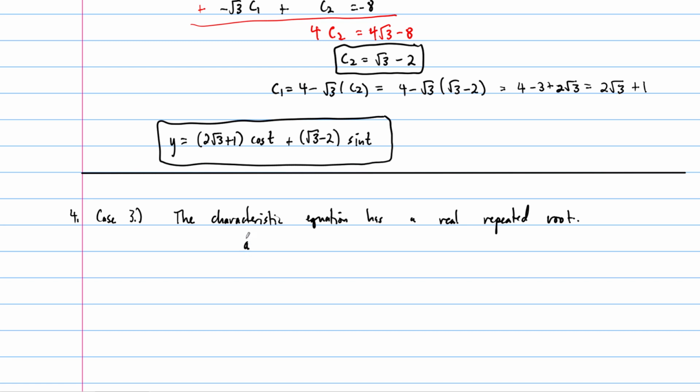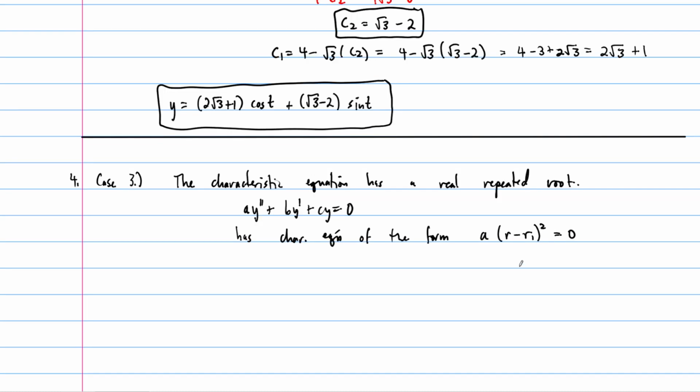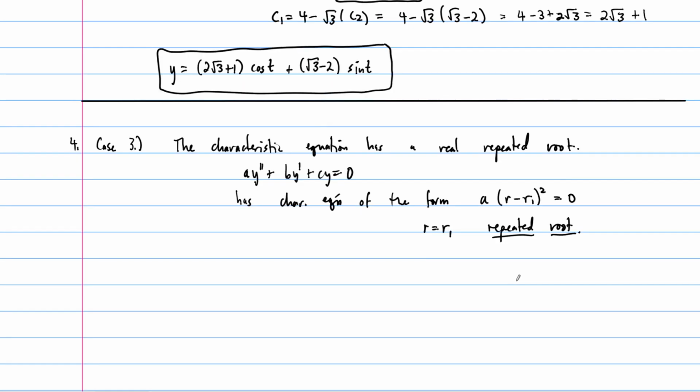In other words, our differential equation, a y double prime plus b y prime plus c y equals 0, has characteristic equation of the form, after some rewriting, a times r minus r1 quantity squared equals 0. So it can be written as a perfect square. Then the solution is just r equals r1, and this is a repeated root. So we only got one answer.